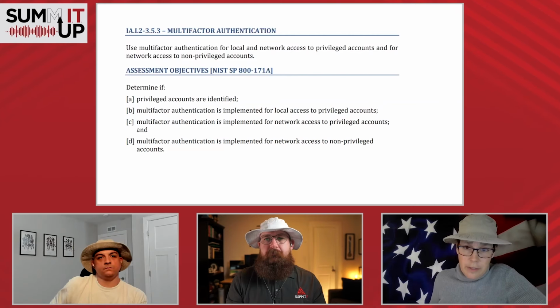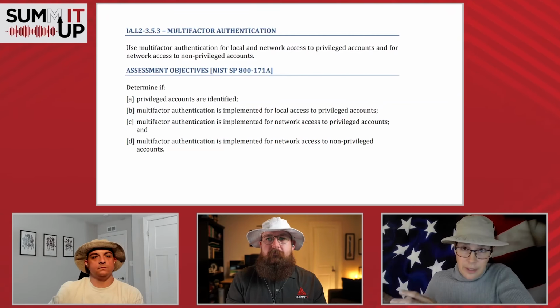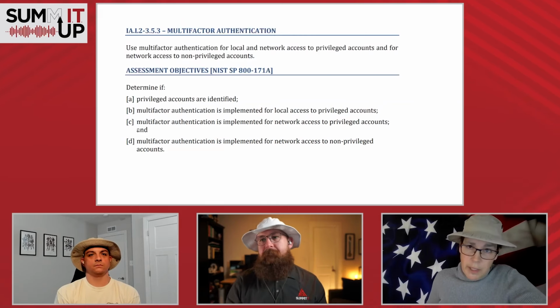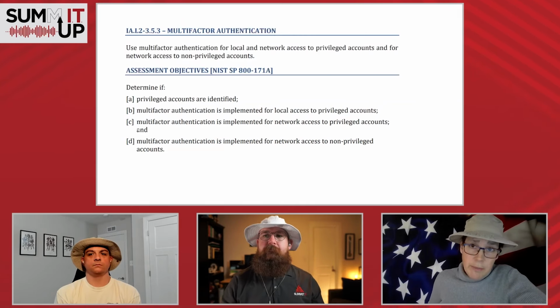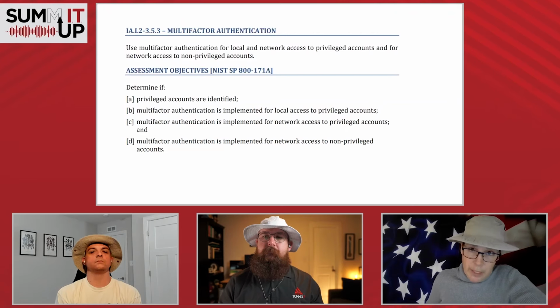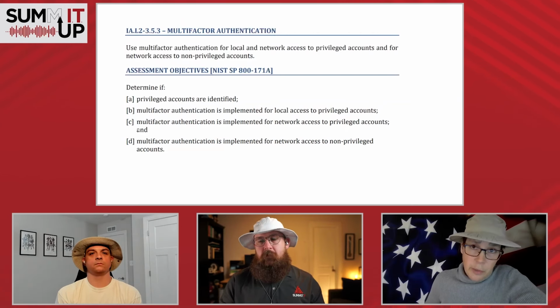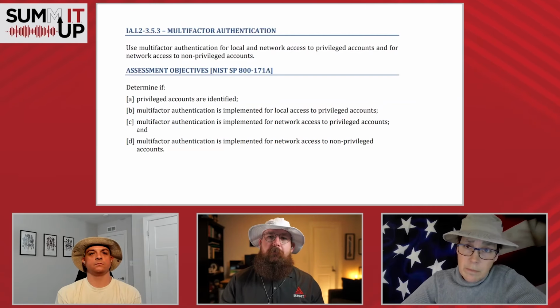Gotcha. So if you've got a weird system that is not able to do MFA, you can put a jump box or a virtual desktop or something in front of it, make people MFA to that, and then they can reach that other system once they have multi-factor. Which as far as a deployment perspective is not incredibly complicated compared to a standard deployment on everything.